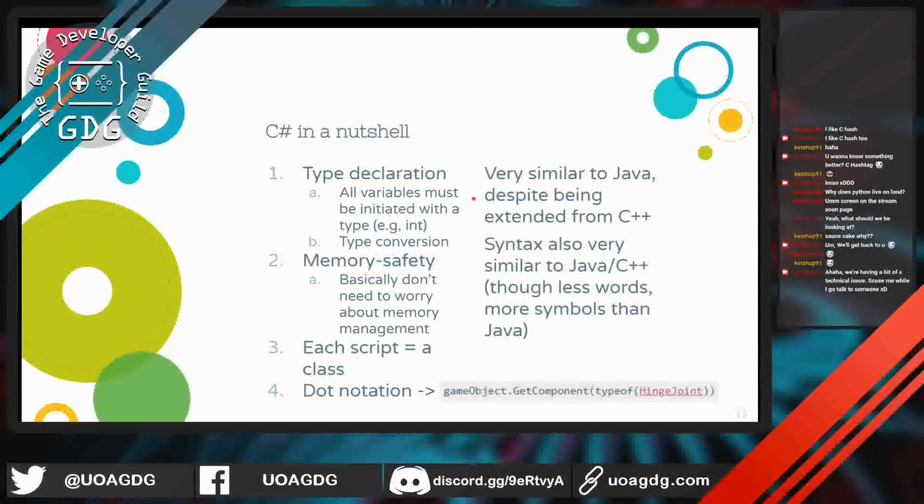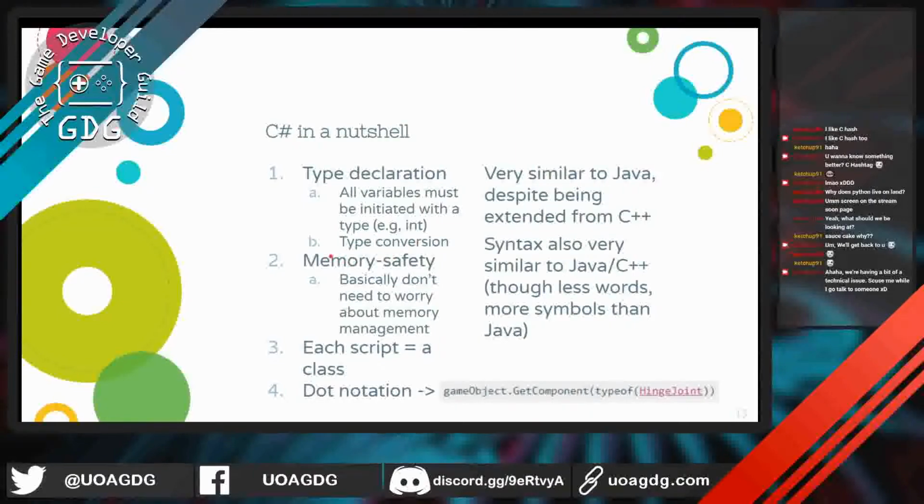Type declaration. This basically means that the type has to be declared at the beginning, and you can't dynamically change the type after you initialize it without casting. So casting is very important to change from one type to another, and otherwise it'll throw up an error if you try to force, say, a transform to be a game object or vice versa.